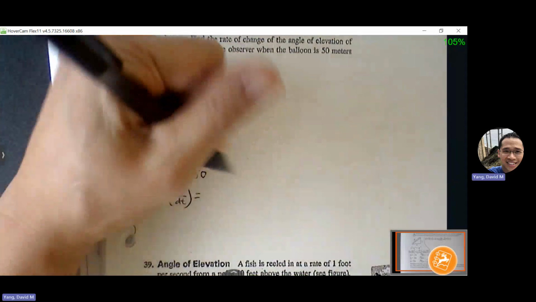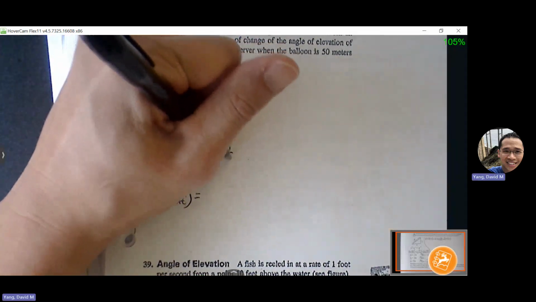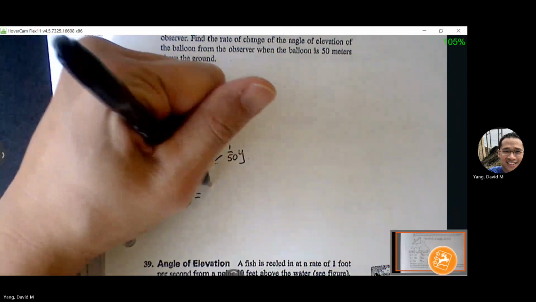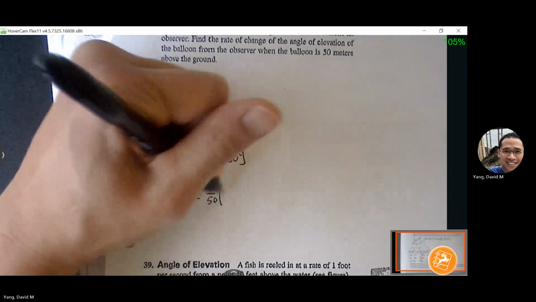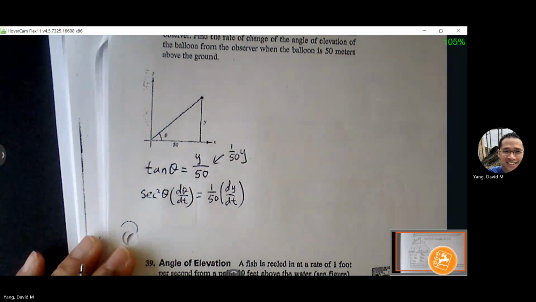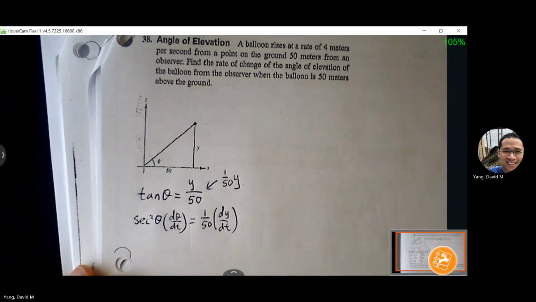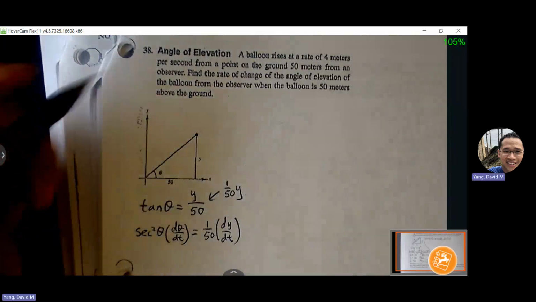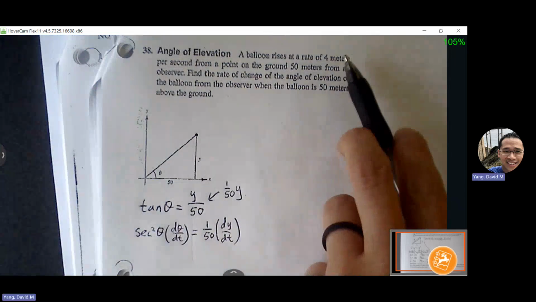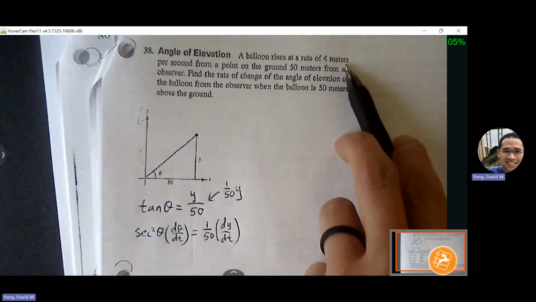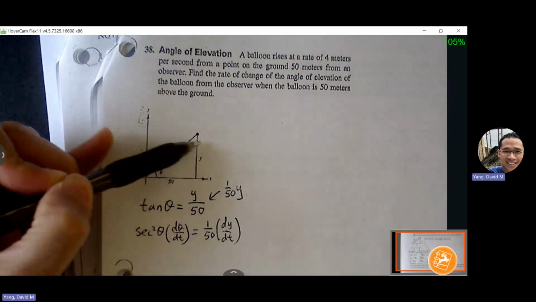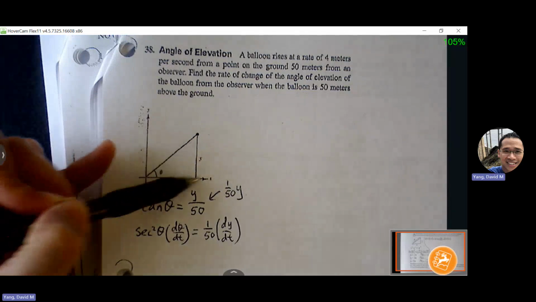Power rule, y over 50 is the same thing as 1/50th times y. Okay, balloon rises at a rate of 4 meters per second. What can we assign that to? Okay, dy dt, positive or negative? Yeah, because as the balloon is rising, that y, that distance to the ground is going to be increasing.